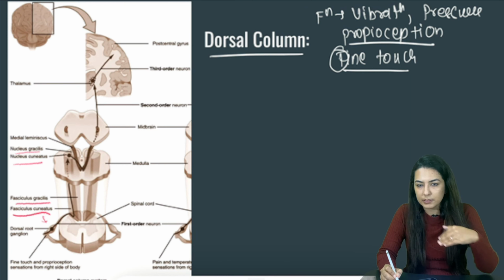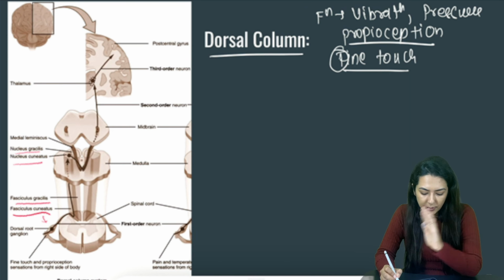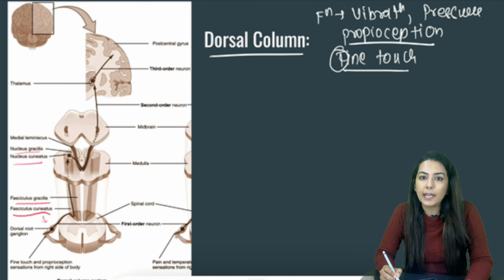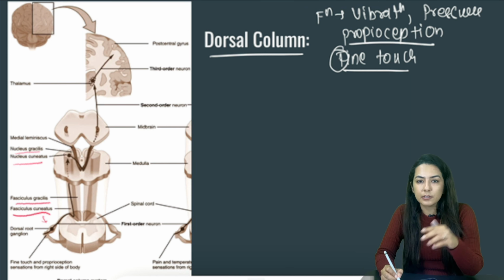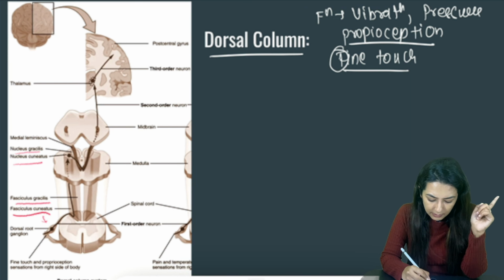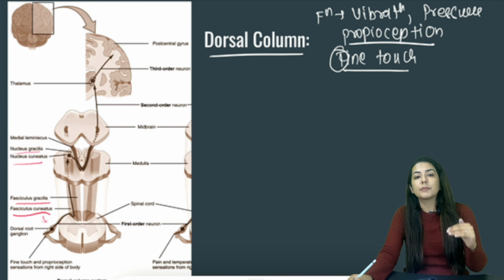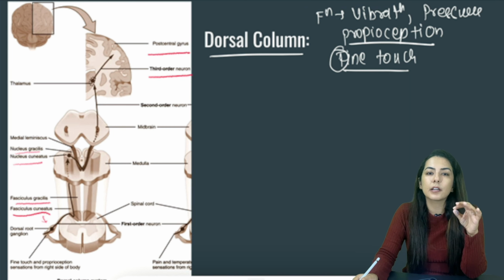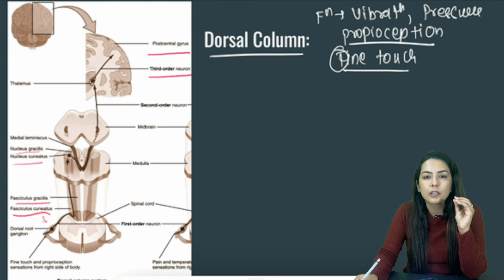Again, the same alignment, gracilis is medial and cuneatus is lateral. There they will synapse with the second order neuron that starts from these nuclei and goes to the thalamus, that is the VPL nucleus in the thalamus, and from the thalamus the third order neuron starts and goes to the postcentral gyrus. Postcentral gyrus means it is the sensory cortex present in the parietal lobe.